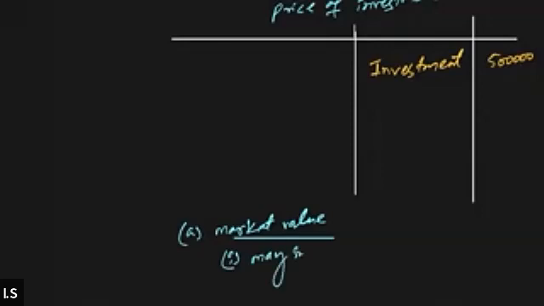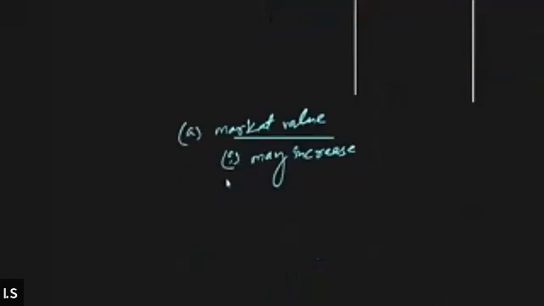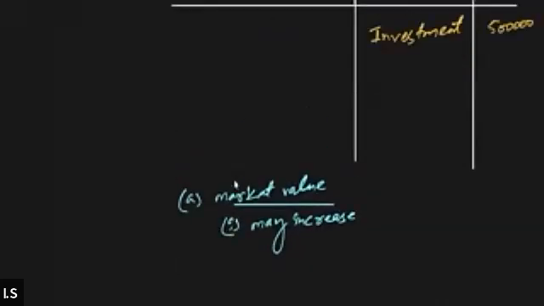The market value may increase. If the market value of the investment increases, that is obviously a favorable situation from the firm's point of view, since increase in the market value will lead to an increase in the profit as well. So let's suppose the value of investment on the date of investment was 5 lakh, but currently the market value of the investment is rupees 6,50,000.